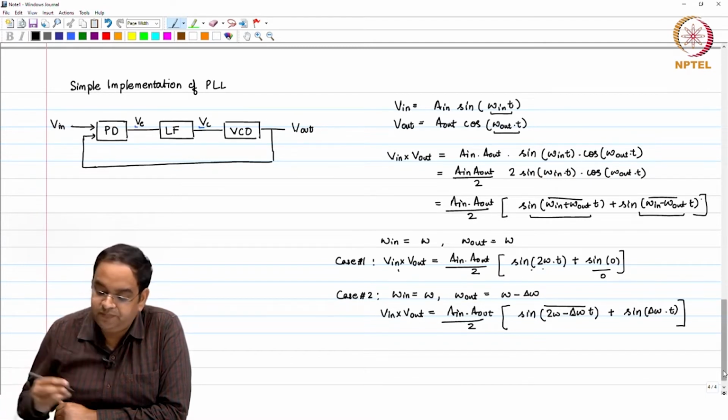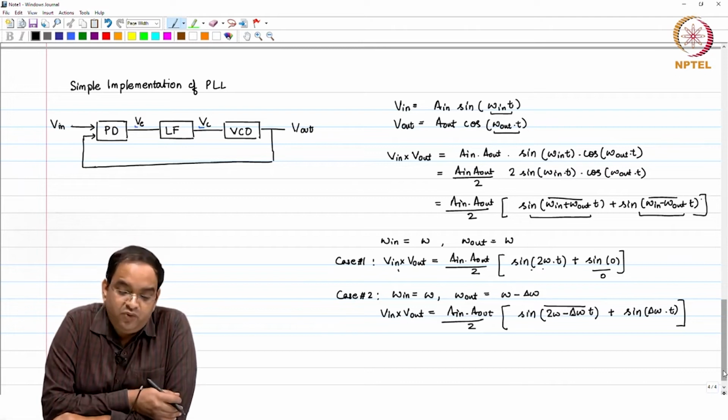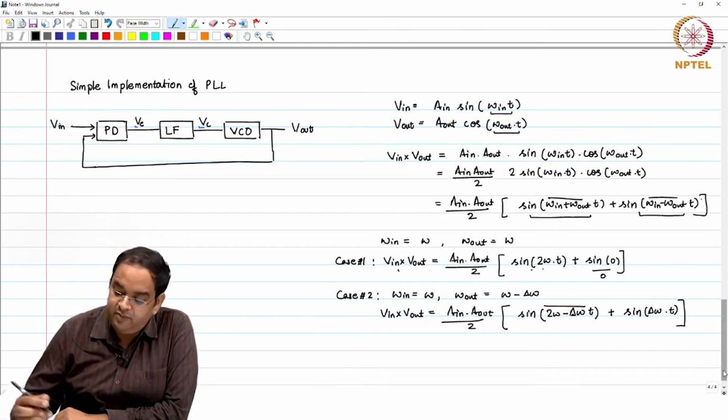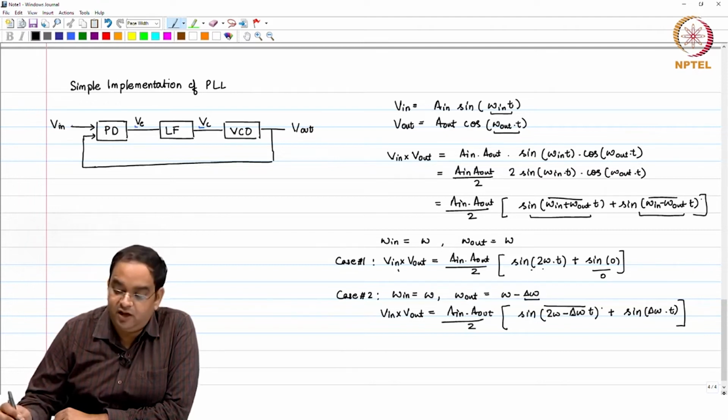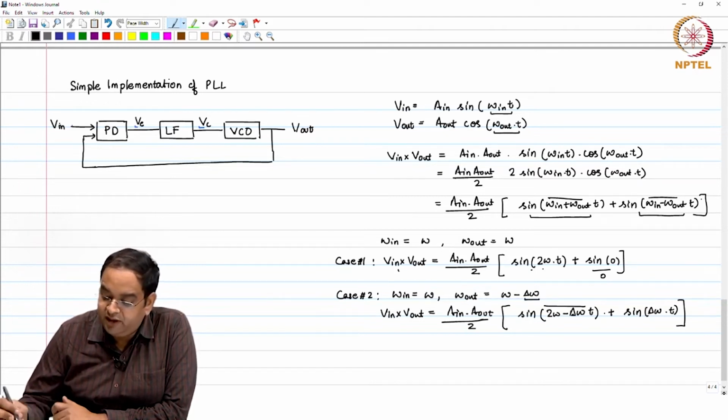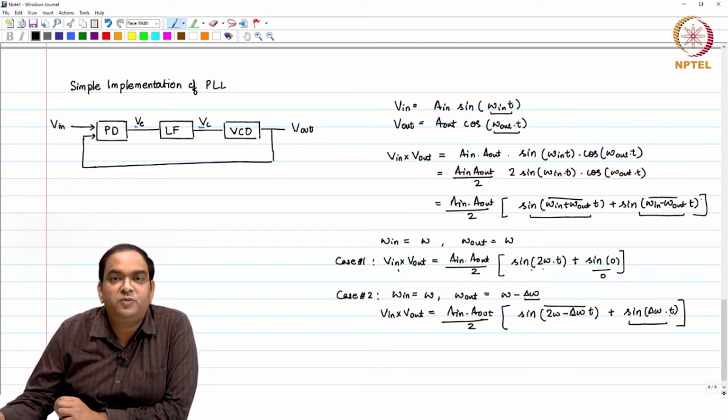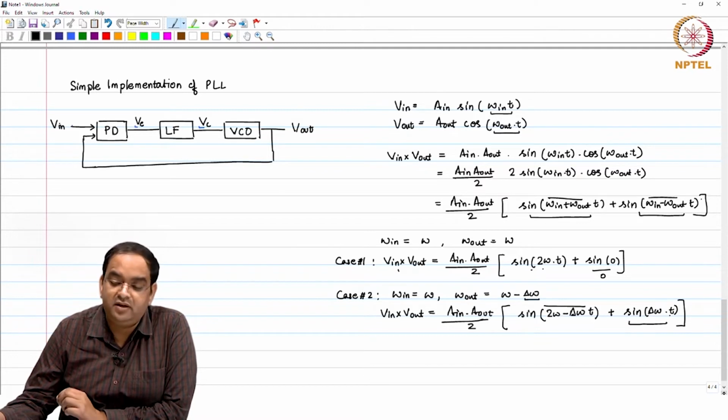This is interesting. If there is a frequency error between the input and the output signal and that frequency error is delta omega, then you get two components and one of these components is proportional to the frequency error.